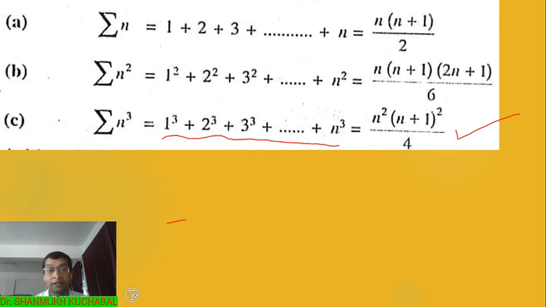So we have discussed this type of series. One more, we have studied arithmetic progression, AP, and geometric progression. Now we'll discuss arithmetic geometric series. See, arithmetic progression is a, a plus d, a plus 2d, like that. Nth term is a plus n minus 1 times d.